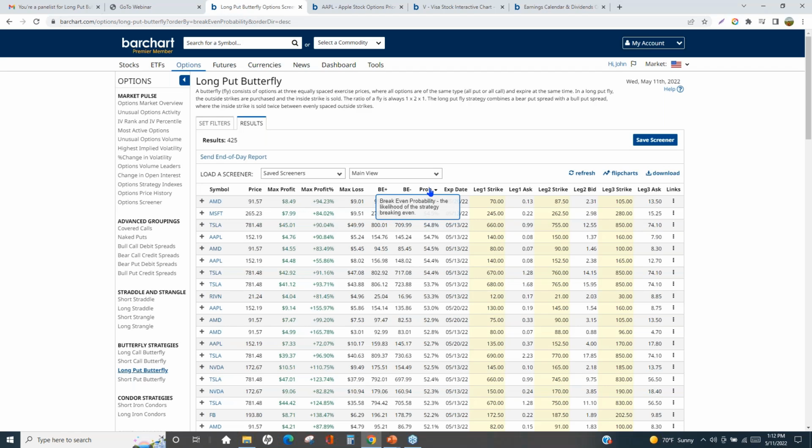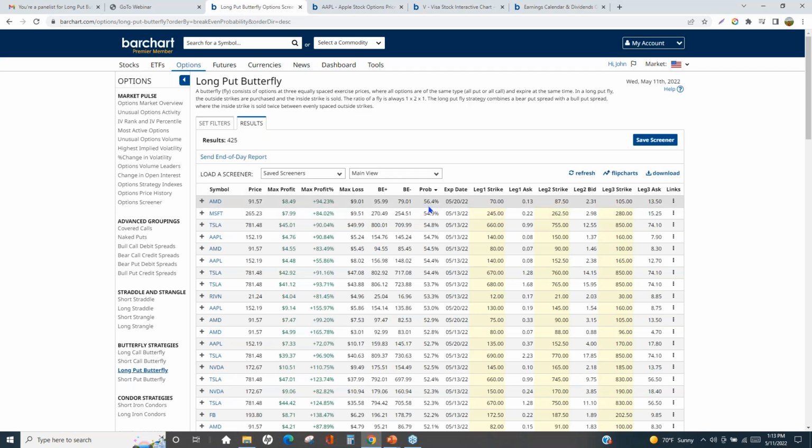Now, how does probability pay out in this strategy? The basics are that the higher the probability of price staying inside of that range, the lower the payout. And the lower the probability of price staying inside of that range, the higher the payout.